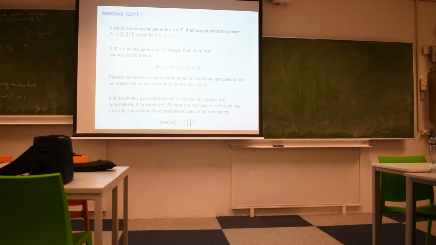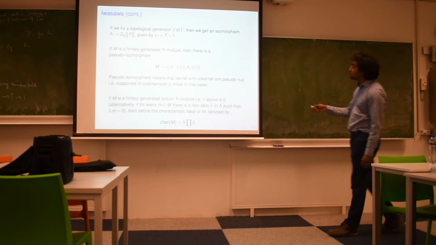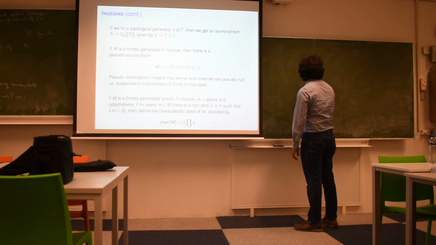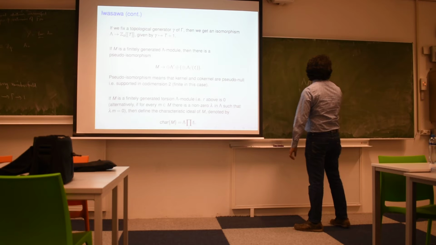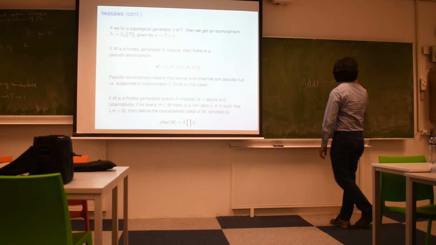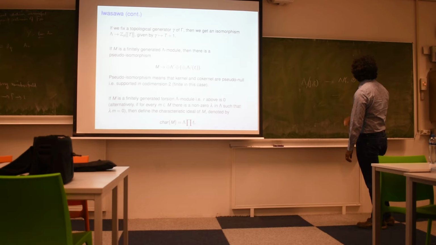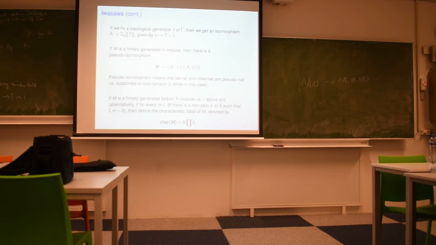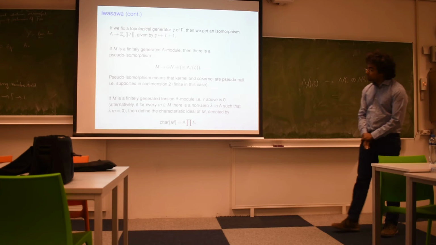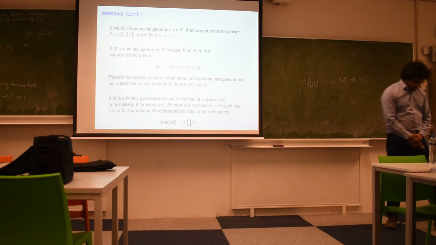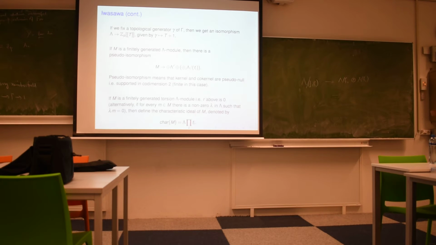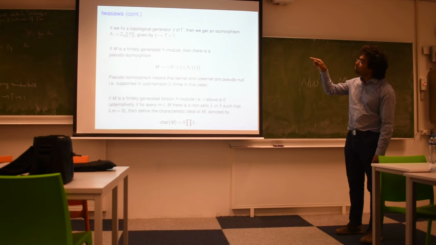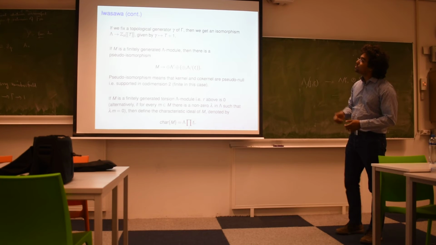So it's a well-defined ideal. The f_i's may change, because you can have something like F1, F2 pseudo-isomorphic to F1 direct sum F2. One can have this. But the ideal generated by the product is well defined, and this is called the characteristic ideal of M. Throughout this talk, I'll interchangeably use lambda to mean either the Iwasawa algebra or this power series ring.